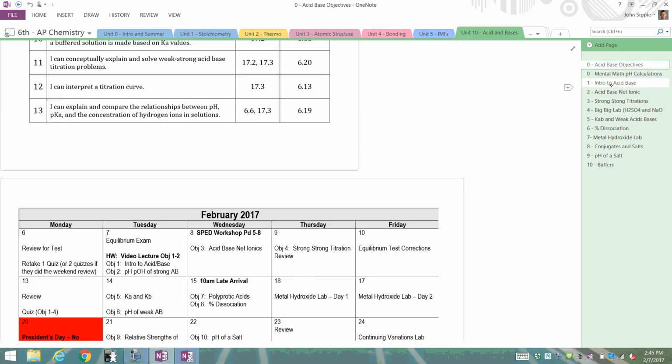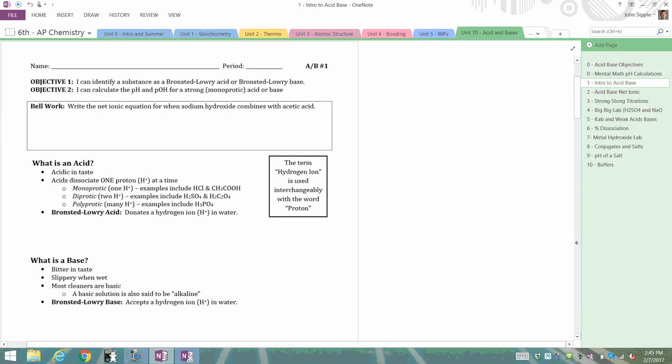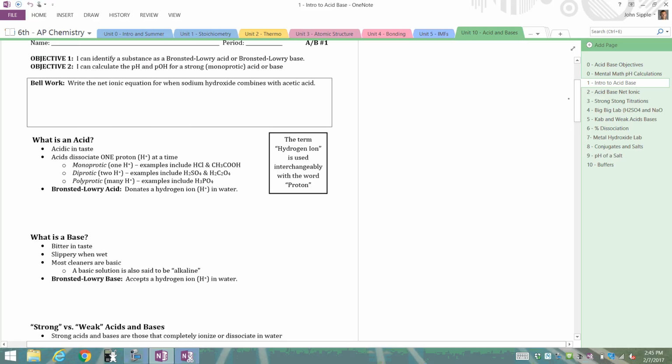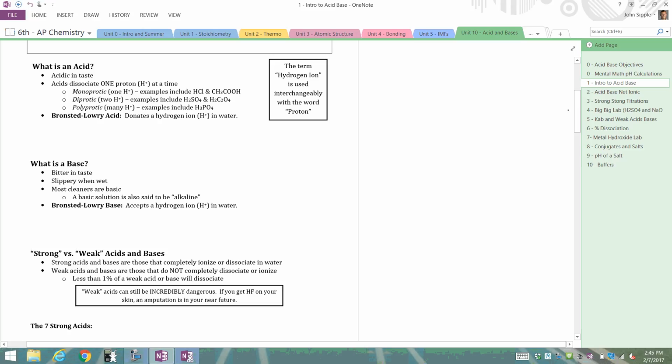Today we'll get into more net ionic equation writing. I'm going to ignore the bell work for right now and get into some review, and we'll calculate pHs and things like that. Hopefully we just dust the rust off and feel pretty good about it.